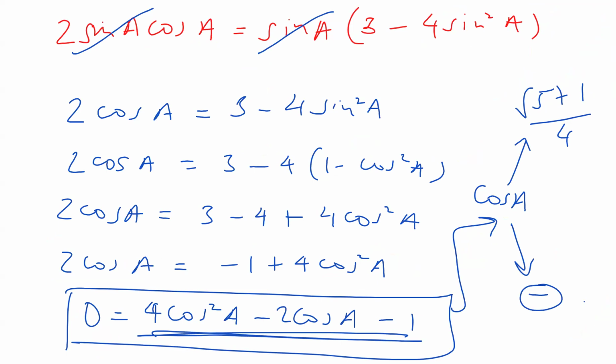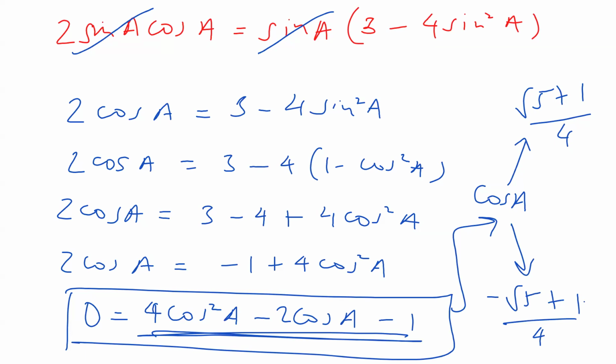So what will you do? Will you consider the negative value? Yes or no? No. You'll get something like this. See, I'll tell you. Minus root 5 plus 1 upon 4.